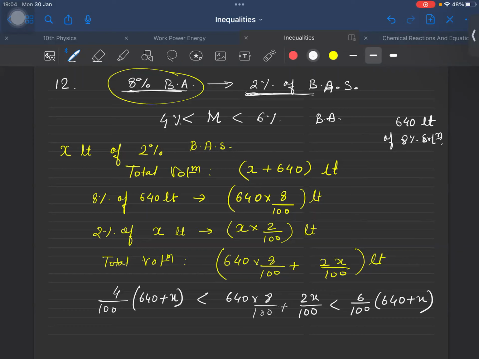Now just solve this equation and find the answer. Did you understand the problem? Is there any doubt in understanding this problem?